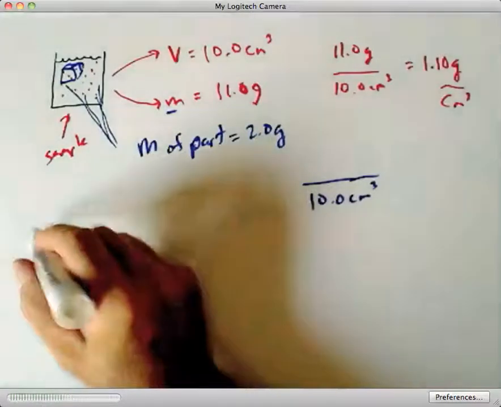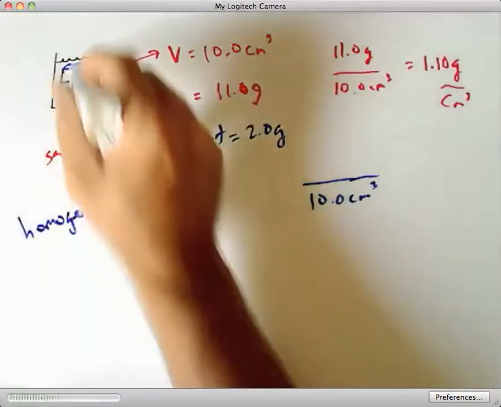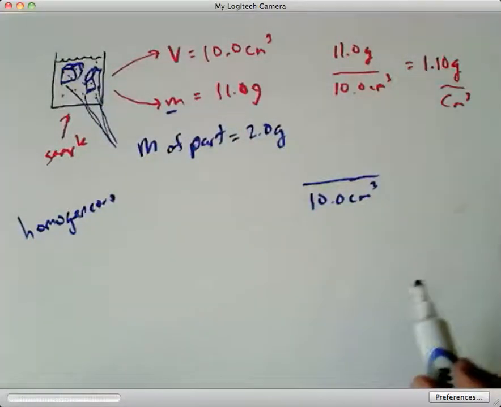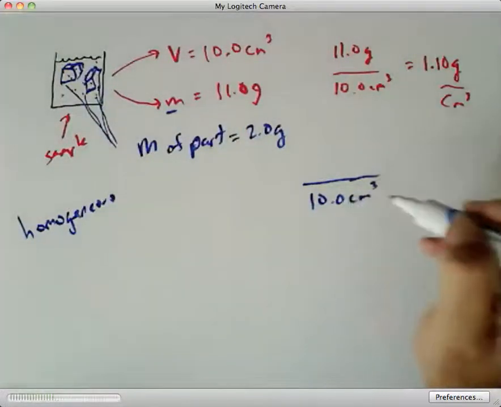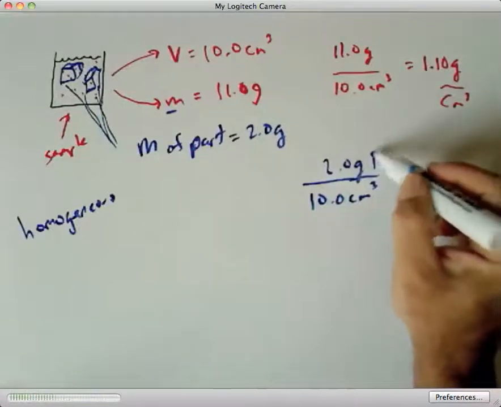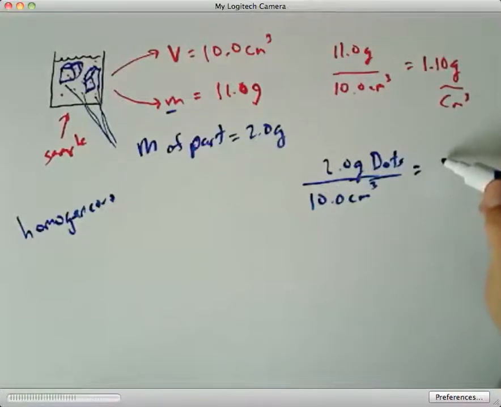If this is a homogeneous mixture, then every cubic centimeter sample of this should have the same number of dots in it. Well, this 10 cubic centimeter sample I discovered had 2.0 grams. I'll just call them dots for now. Okay? If I divide those, I get 2 divided by 10 is 0.20, with 2 sig figs, grams per cubic centimeter.